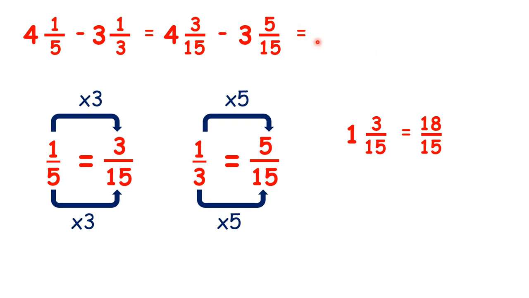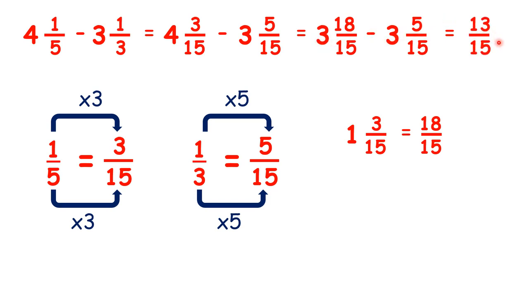So we need to rewrite our question again. 3 18/15 minus 3 5/15. So now we can answer our question. Our answer is 0 13/15.